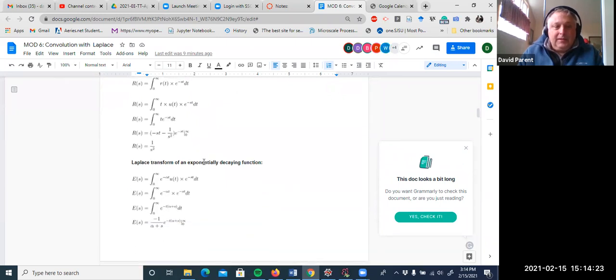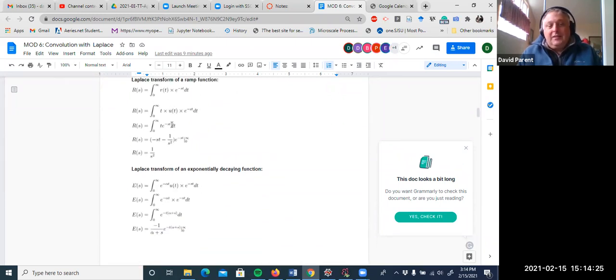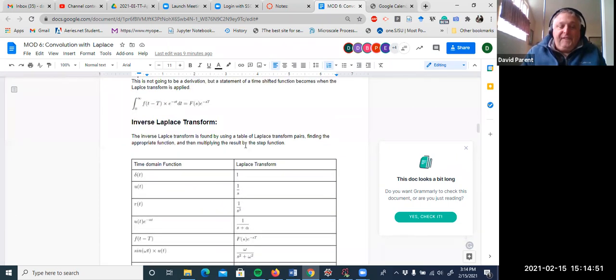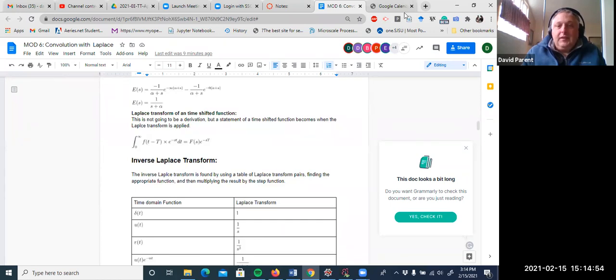I've done a ramp, which is actually in a way the hardest one, because you have to go back and remember integration by parts. Or maybe you realize you can get away with SymPy and do integration. And there's an exponentially decaying function. Okay. Now, there's just another.